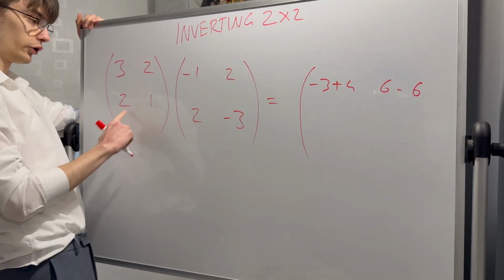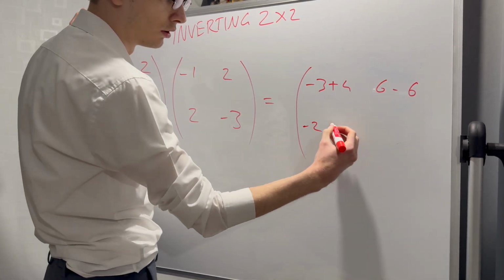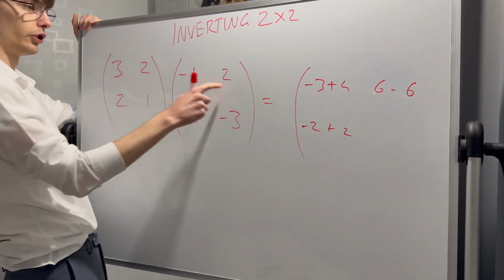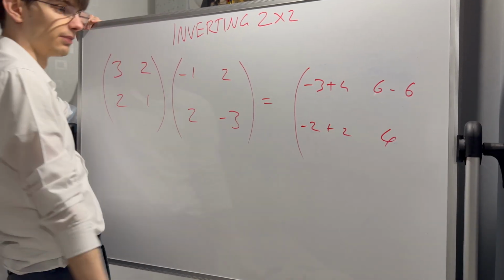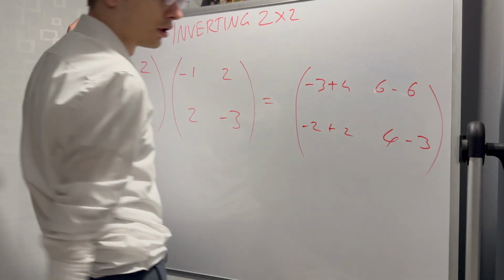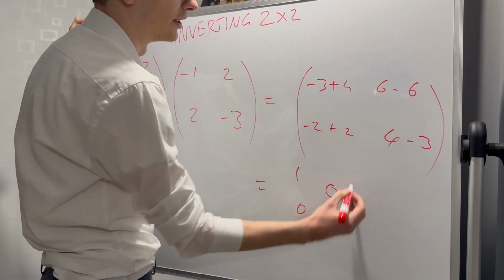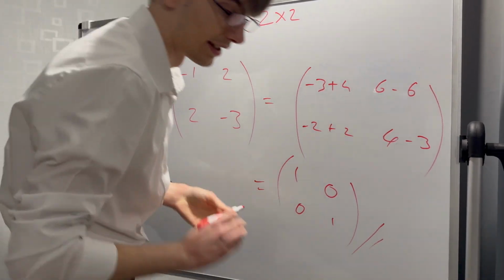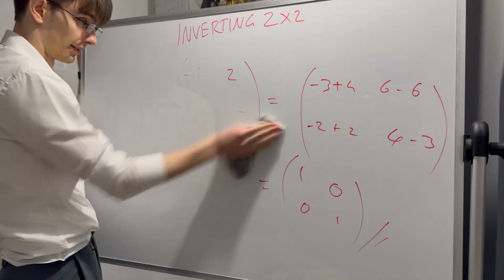Bottom left, we will have 2 times minus 1 is minus 2, plus 2. And in the bottom right, we will have 2 times 2 is 4, plus 1 times minus 3, which is minus 3. And as you see, we end up with 1, 0, 0, 1, which is the identity. So this is our goal of inverting a matrix.